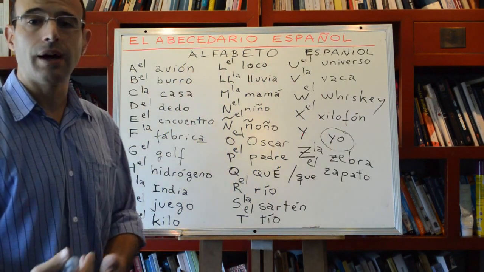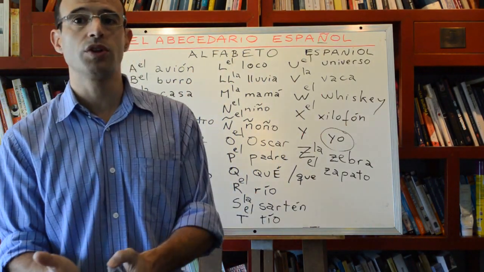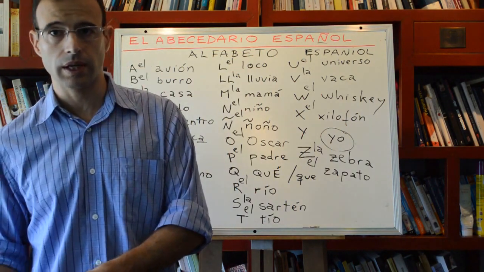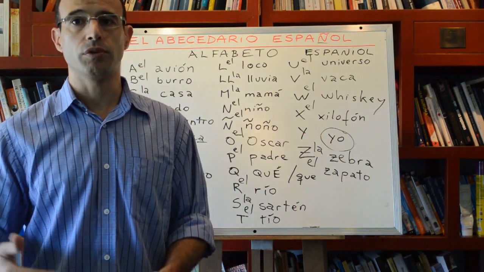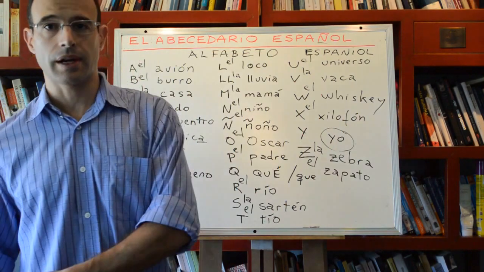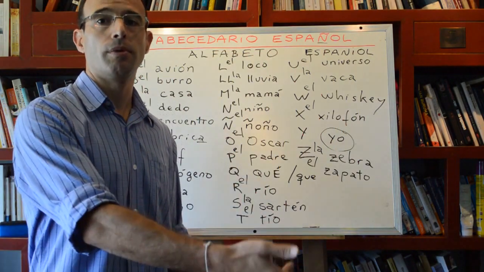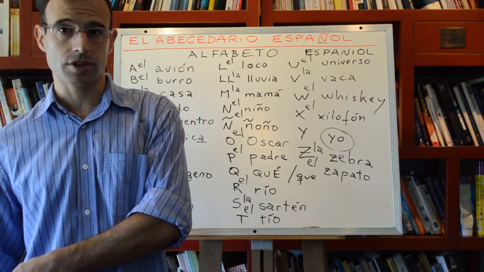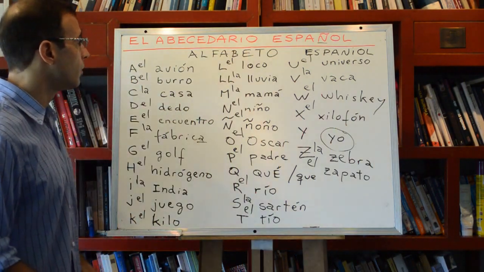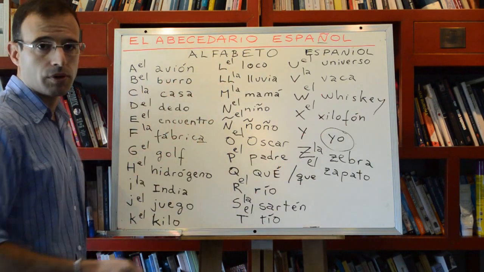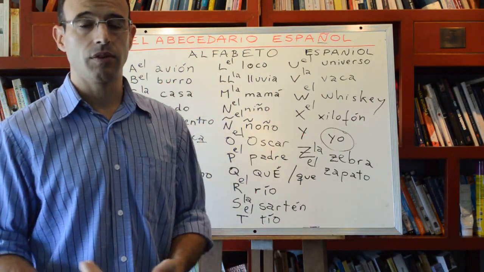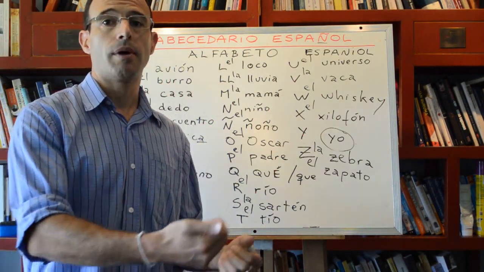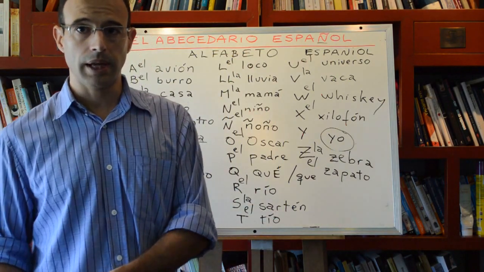So there are some nouns, okay, that we can switch from masculine to feminine, okay? For example, like the word for dog, perro, perra, okay? Perro for dog, perra with A for bitch, okay? So it's not the case with avión, because avión has no gender. You cannot have a male and a female plane, right?